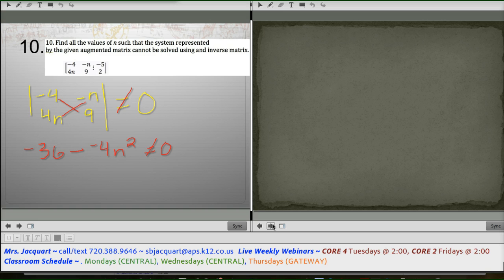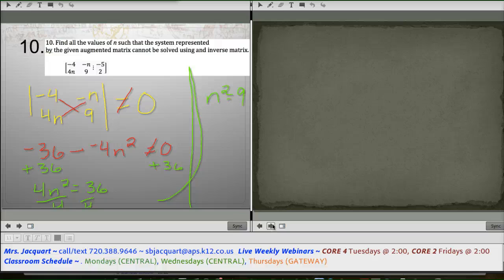Solve for n. So add 36. So we have 4n squared equals 36. Divide by 4. So then I have n squared equals 9.